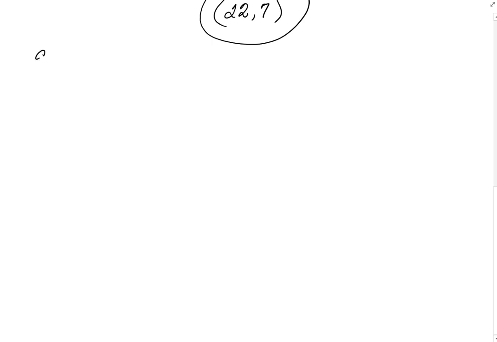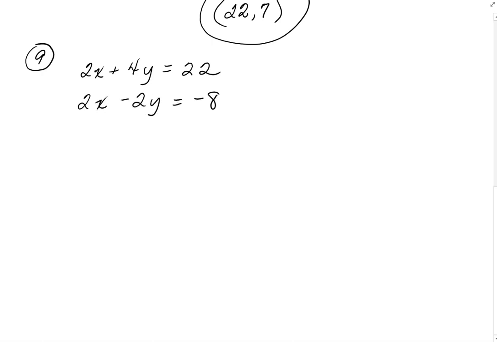Number 9. I have 2x plus 4y is equal to 22, and 2x minus 2y is negative 8.